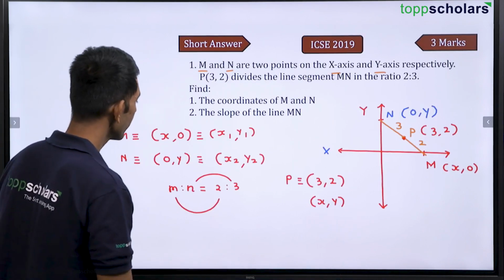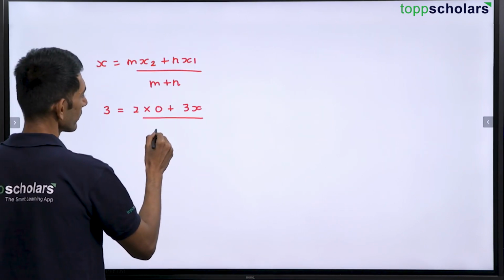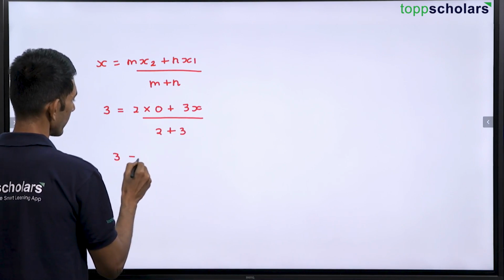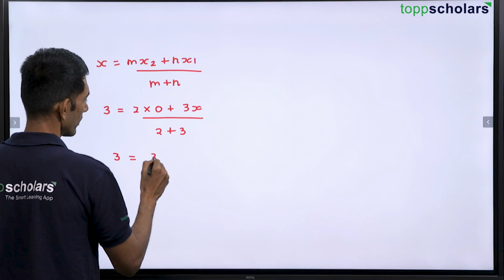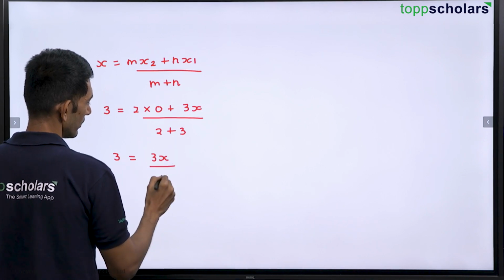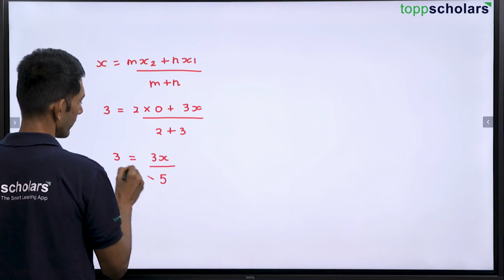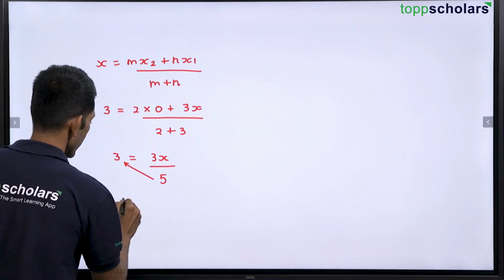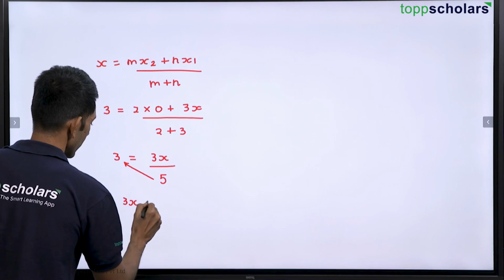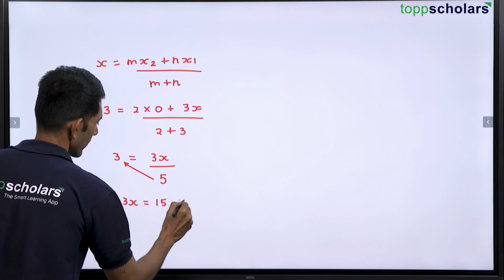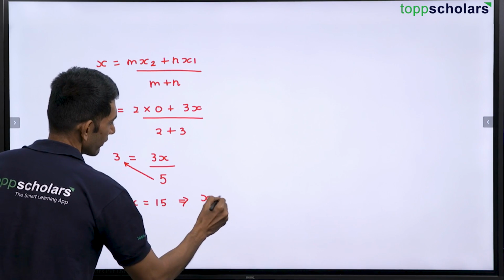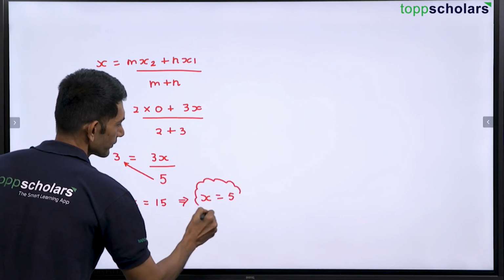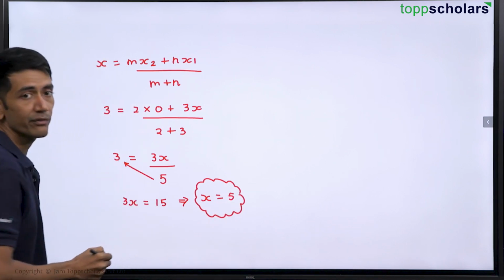Now what will m plus n be? m plus n will be 2 plus 3. So 3 is equal to 3x by 5. So 5 will go that side. 3x will be equal to 15. So can I say x will be equal to 5? We get the value of x like this.